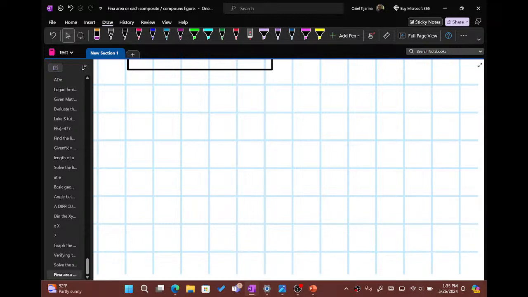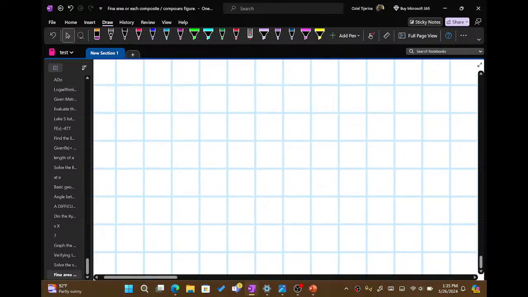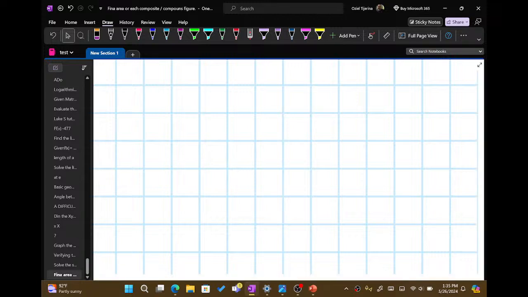It doesn't matter if it looks like a scaling triangle. You can still use the same formula for the area of the triangle. It's always the same formula.